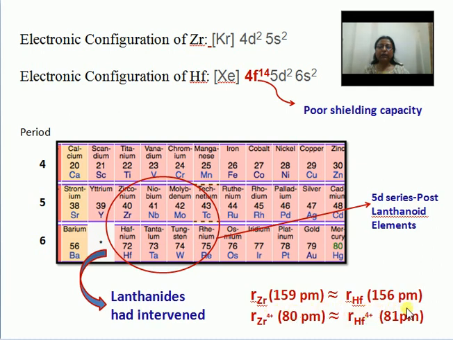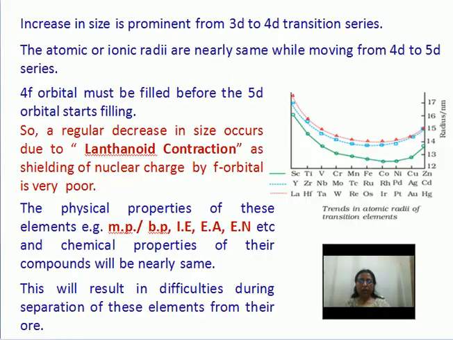So comparable sizes. And in case of zirconium 4 plus ion, the radius is 80 picometer, and in case of hafnium 4 plus ion, the radius is 81 picometer. So they also have nearly the same values. So the effect of lanthanide contraction is very much prominent in this 4d and 5d series.